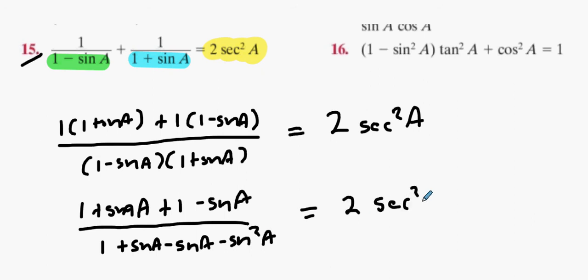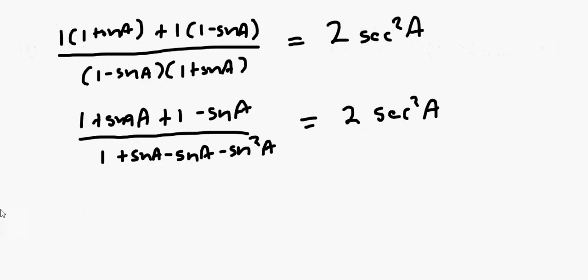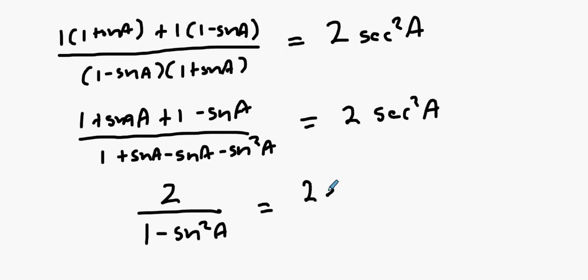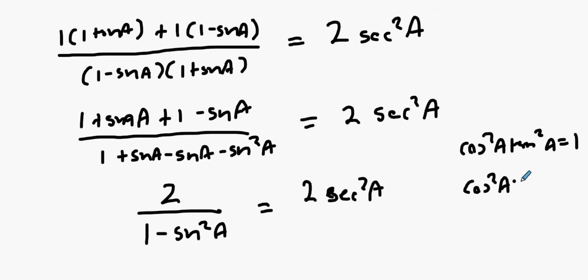Now, on top, sin a is cancelled, so we end up with 2 on top. On the bottom, I'm going to end up with 1 minus sin squared a. As we know, we've used this several times today already. Cos squared a plus sin squared a equals 1, and then cos squared a equals 1 minus sin squared a.